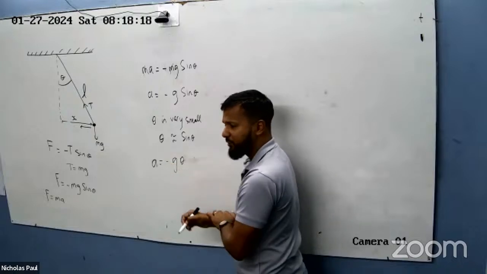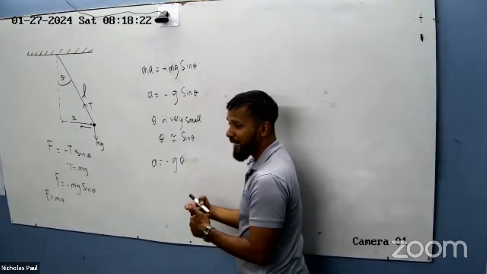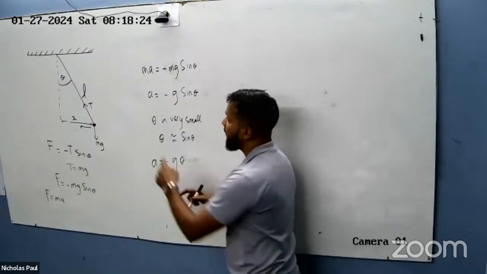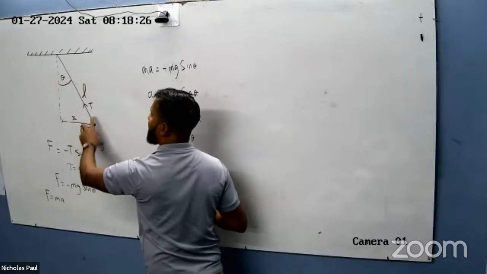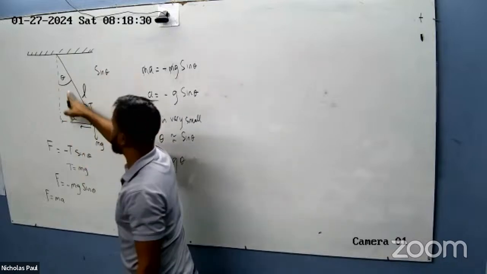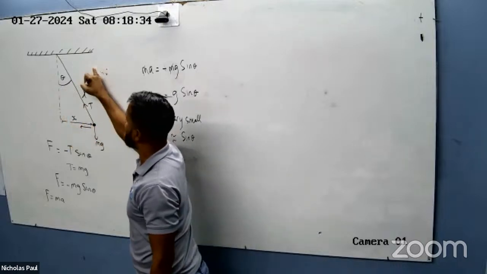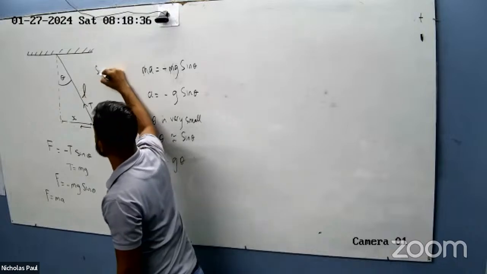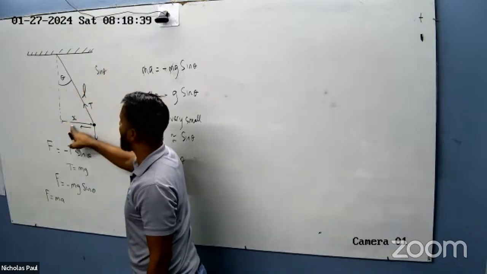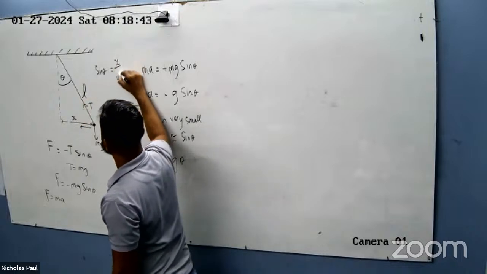Does this show simple harmonic motion? No. So we've got to bring in x somehow. If you look at the triangle here, what do we know? We know that sine theta is equal to opposite over hypotenuse.